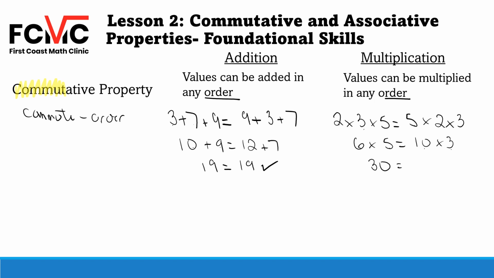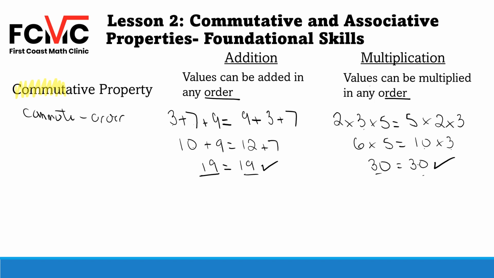And 10 times 3 is 30. So again, we were able to multiply in any order and get the same answer on either side. So our commutative property says our values can be multiplied in any order. All right, we got 30 and 30 on the left and the right side. And our commutative property of addition says our values can be added in any order. We got 19 and 19 on either side.